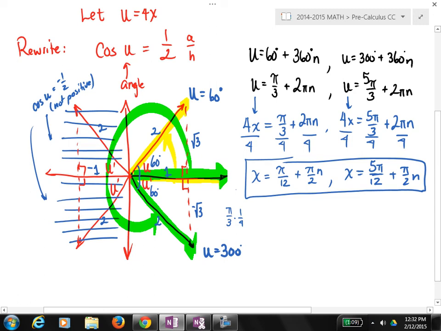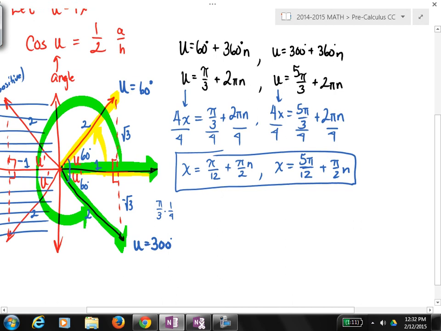The only issue is that in some cases, if you look at your assignments, for example number 11, they may only want the answers from 0 to 360 or from 0 to 2 pi. If you stay in radian mode, it's going to be very difficult for you to determine the answers.